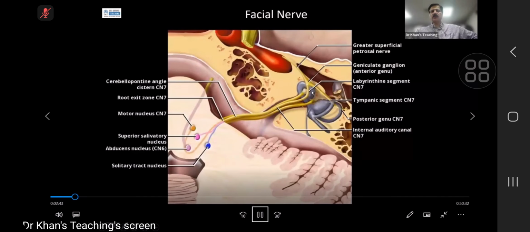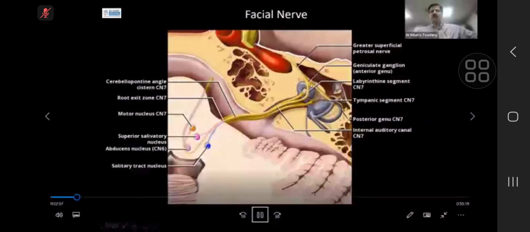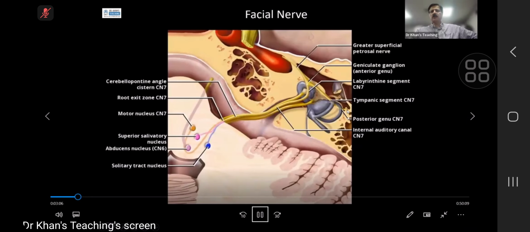So the cochlea, of course, is inferior to it. It passes on top of it. This is the labyrinthine portion. This is the geniculate ganglion. And then this is the tympanic portion. Now the tympanic portion will pass inferior to the lateral semicircular canal, and then it will descend down, the descending portion. And here the greater superficial petrosal nerve is shown to be going anteriorly.